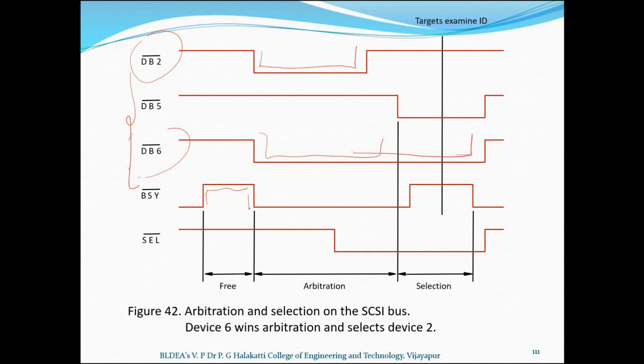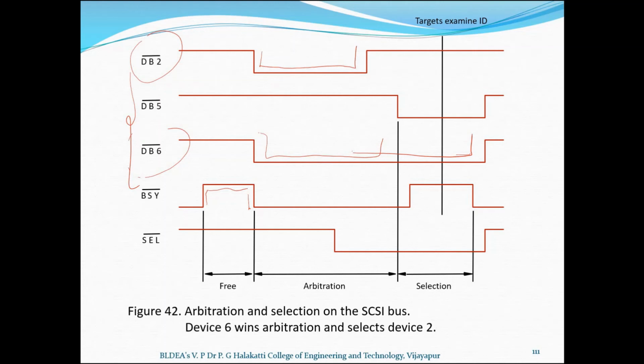So we have assumed that controller 6 acts as an initiator that wants to communicate with controller 5. After the arbitration process, controller 6 goes to the selection phase to identify the target.